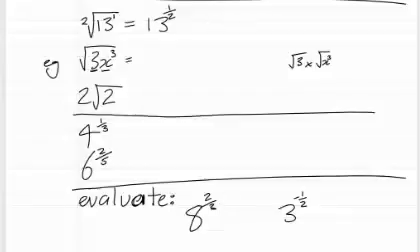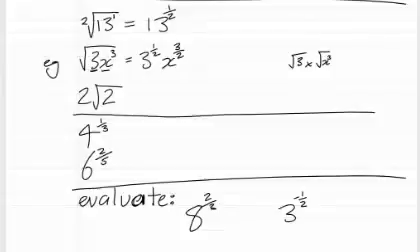So the square root of 3 is 3 to the power of a half. We worked that one out in the last example. And now I've got x cubed under the square root. So I've got x, the denominator is still 2 because it's a square root, and the power of the x, 3, is the numerator of our fraction.